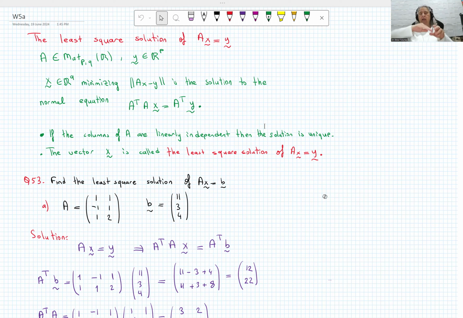You would like to find a line such that the perpendicular distance from your data points to the line is the minimum. That's what you want. This is why we call it minimizing the length between your line and your data points. That's what it's all about.